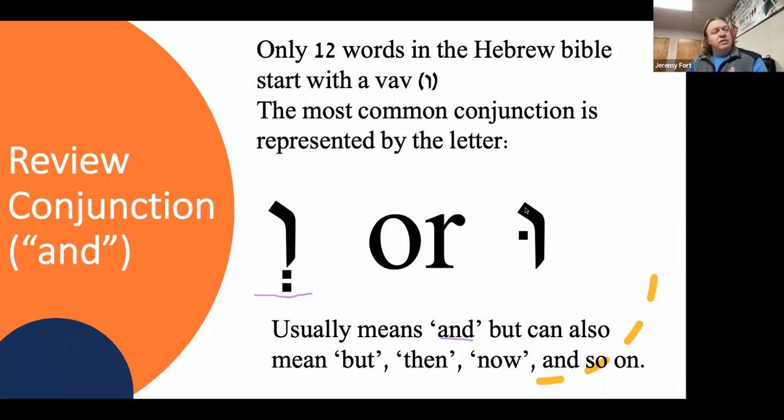So if you see, and this is again one of my rules, if you see a vav starting a word, you need to stop and ask yourself, what are you doing there? Okay? Because it will either be the conjunction and, or it could be giving you a particular verb form. And that will all be indicated by, anybody want to take a guess as to what vowel is following the vav? If you have a shwa, it's always a conjunction.